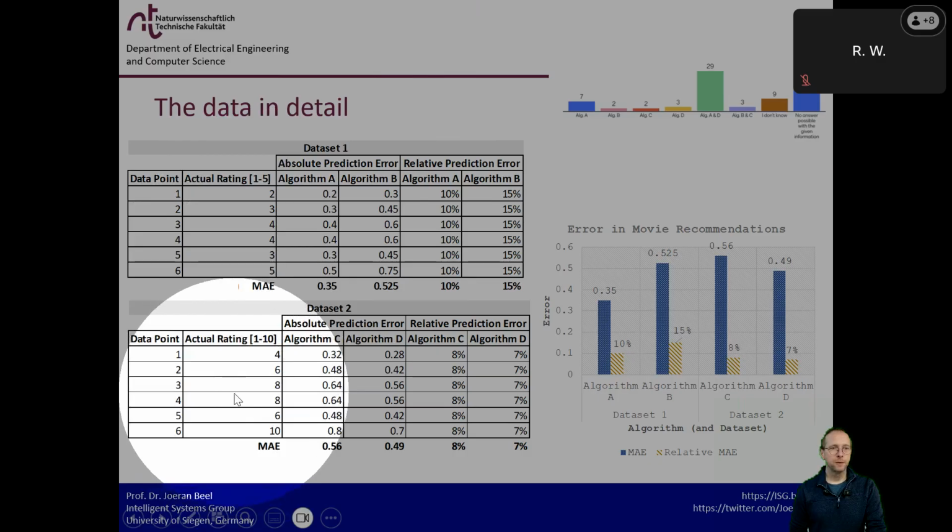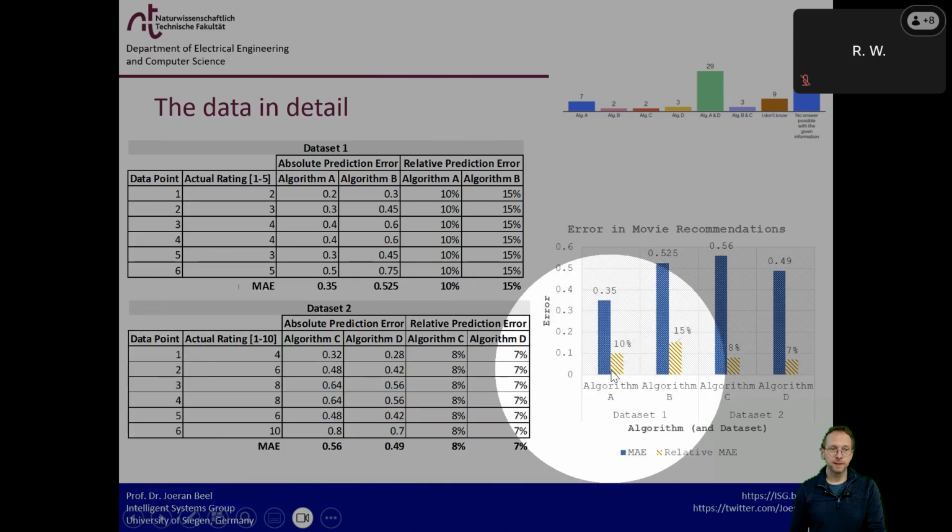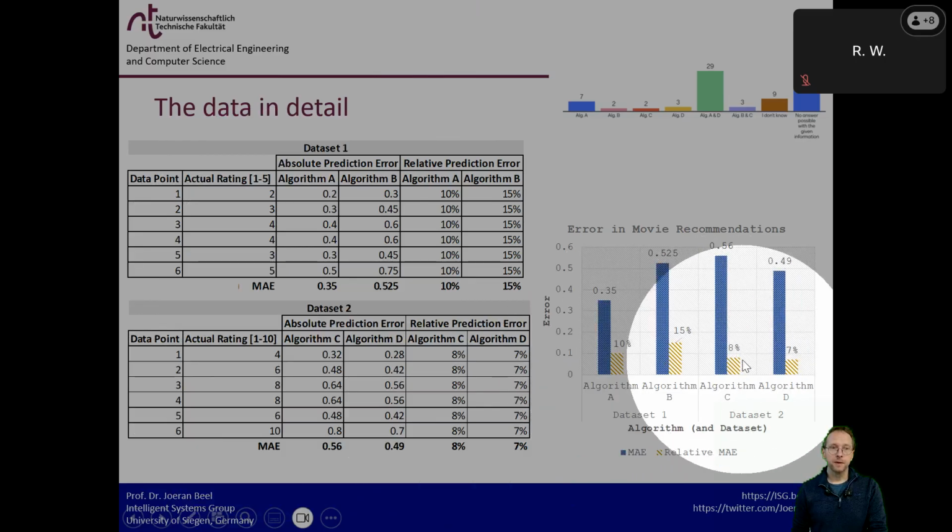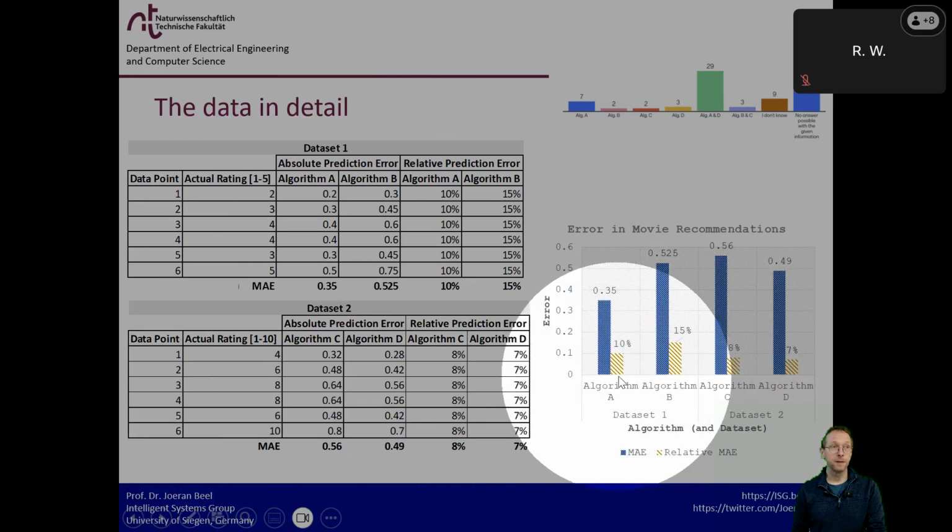If you were to look at the relative error, that's the white-red area, this one would have the lowest error. And this would still have a lower error than this.